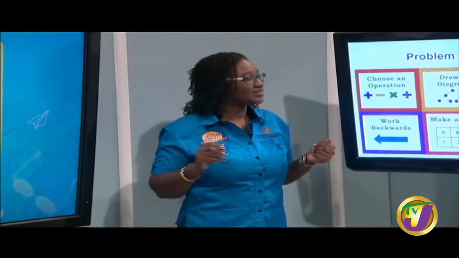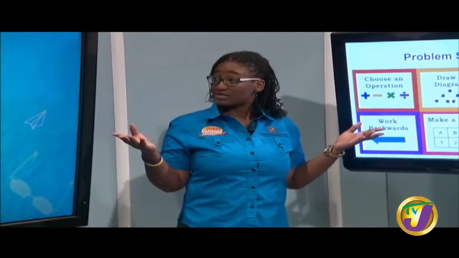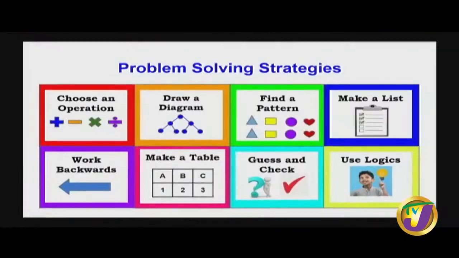The visual is important. You may want to find a pattern. Make a list. You may want to work backward based on how the information is given. You may have to work from the very last piece of information back to what the question requires of you.